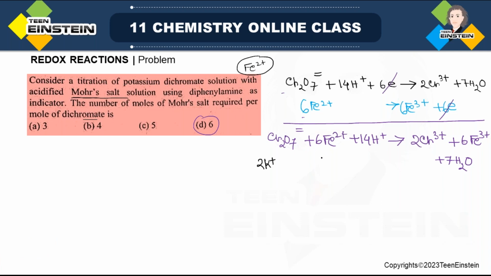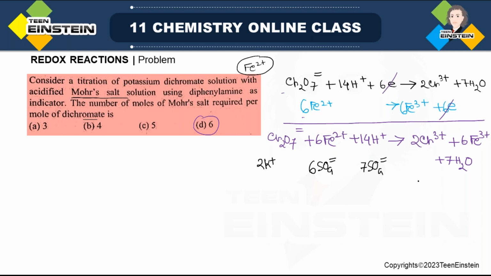Then Fe2 plus, in Mohr salt it is basically iron sulfate, so we will add 6 sulfate. H plus is coming from H2SO4. Now 14H plus means 7 H2SO4, so you need 7 sulfate ions.